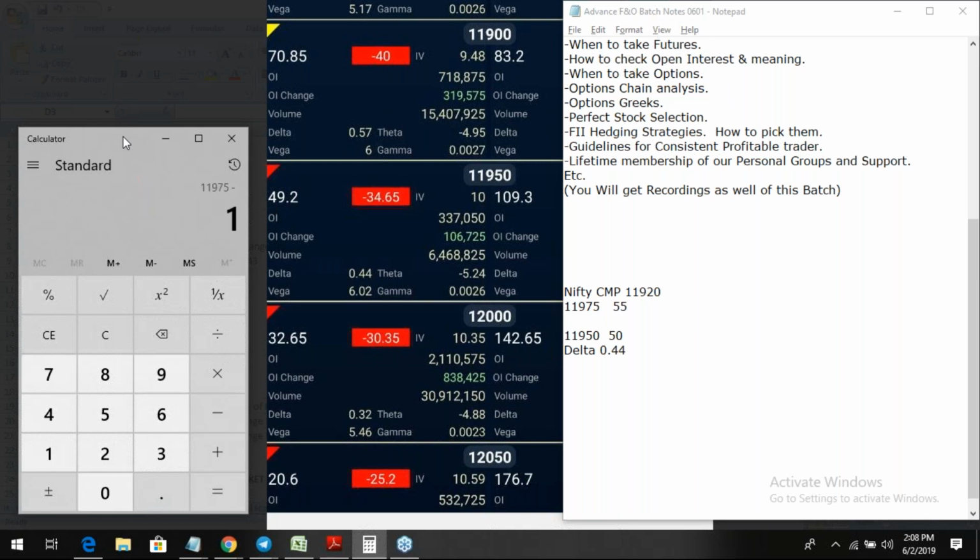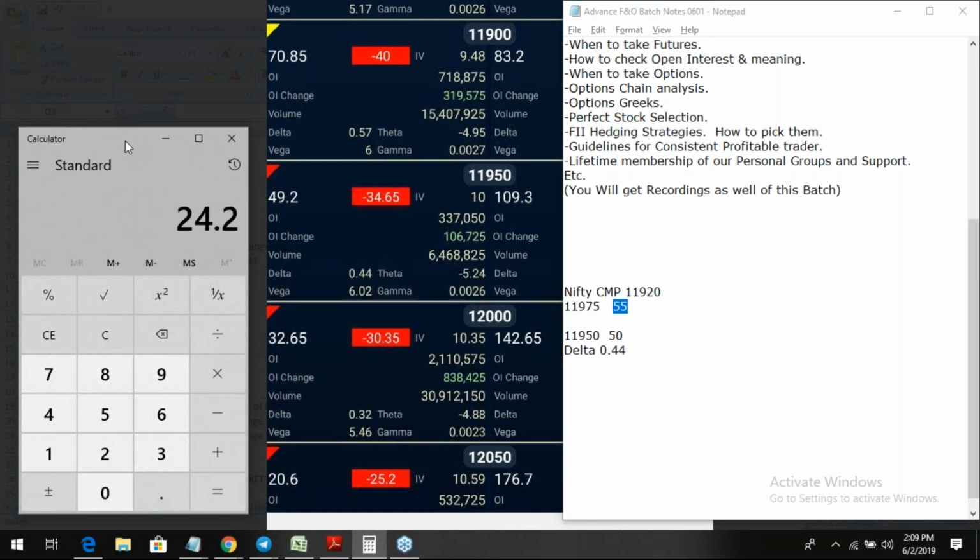11,975 minus 11,920. Current trade is 11,920. If Nifty goes to 11,975, how many points does Nifty go up? 55 points, right? What is my delta? 55 into 0.44.